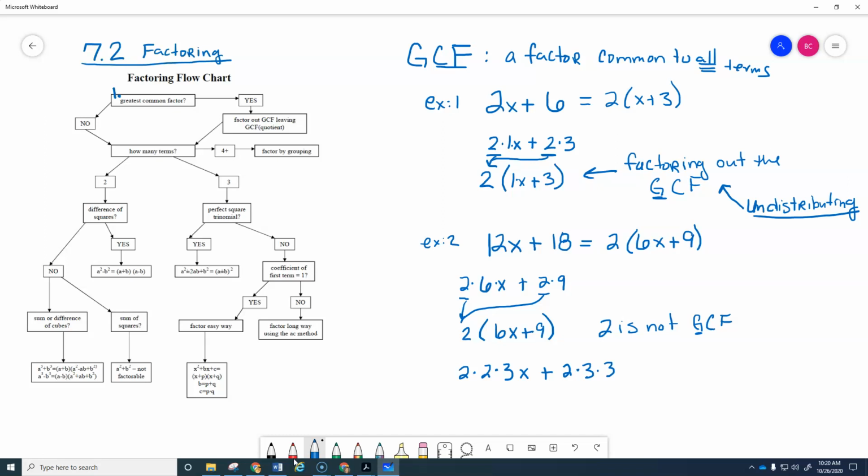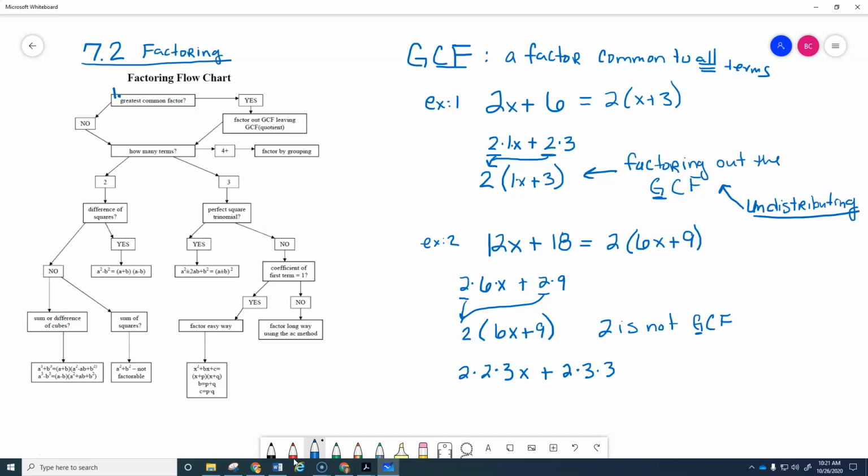So this right here, 2 times 2 is 4, 4 times 3 is 12. 12 times x is 12x. 2 times 3 is 6. 6 times 3 is 18. So this is completely factored down to the prime factors.